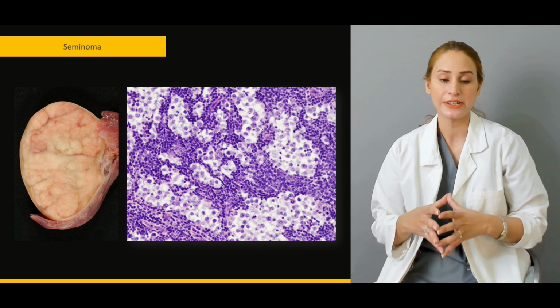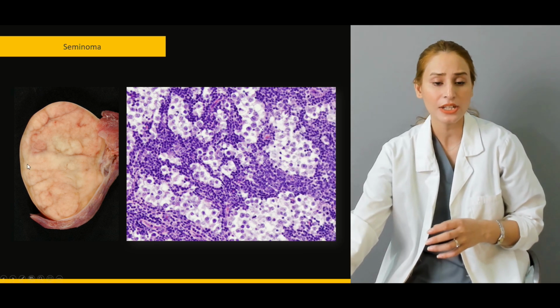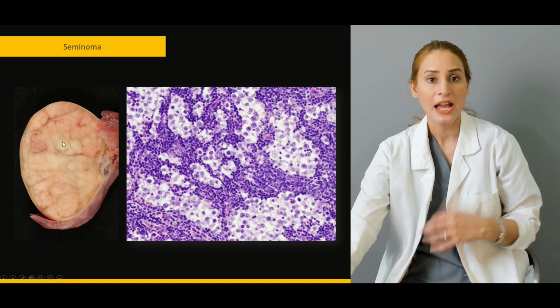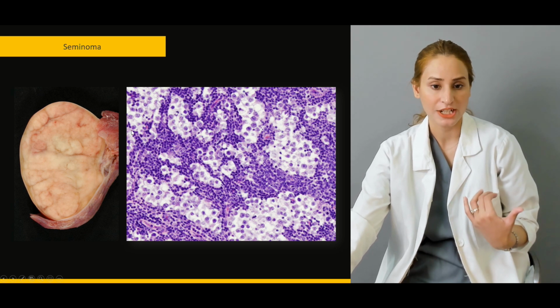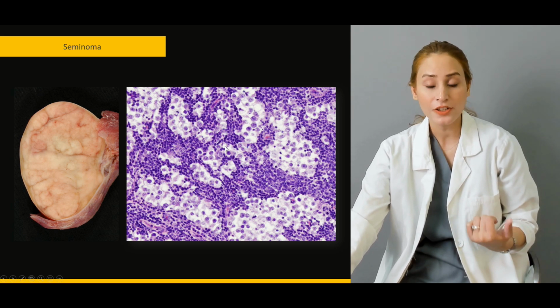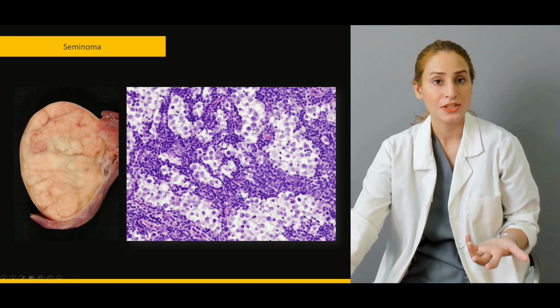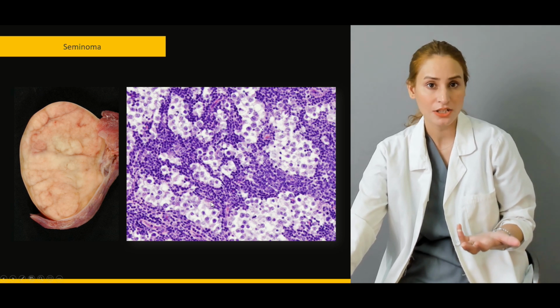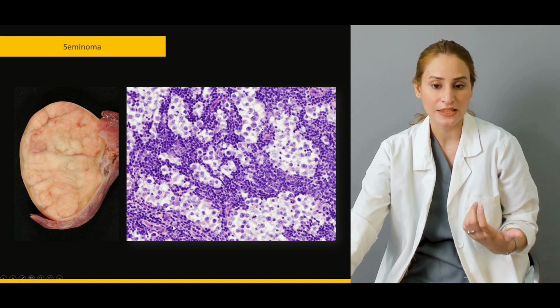If you look at the diagram, you can appreciate that this is the testicle, and you can also appreciate the part of the epididymis here. And if you go deeper to the histopathological appearance, you can see glandular structures and the stromal part as well.